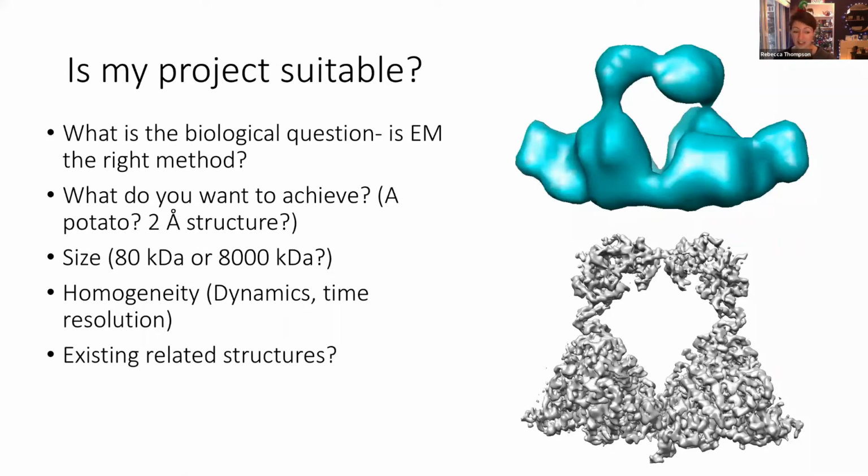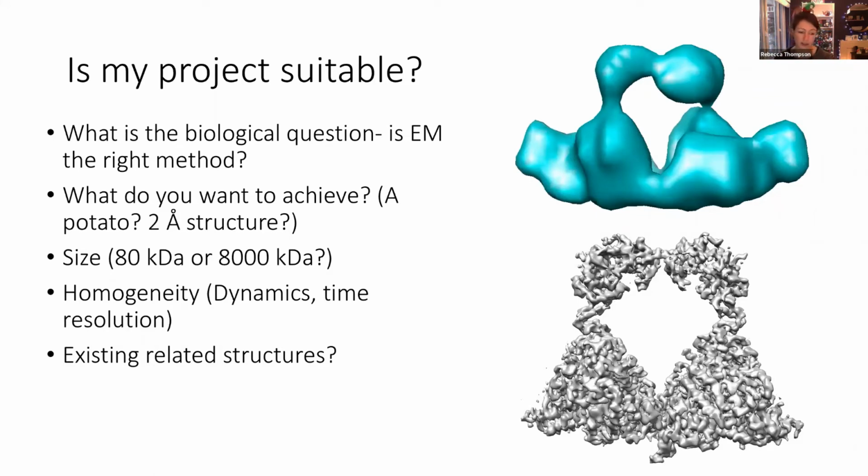Another question we always tend to ask is, are there existing related structures? Obviously, many of us are working on protein complexes where there are no existing structures, because that's typically the unknown thing. But if you are interested in a complex where there are existing structures, not necessarily even of the whole complex, but for example of subunits within that.